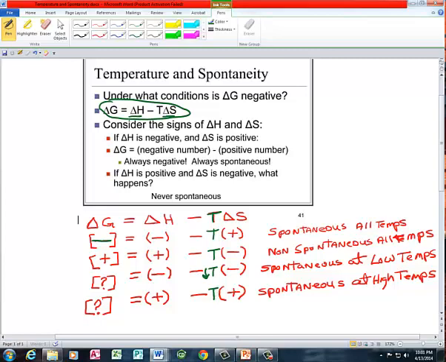We need to magnify that positive delta S by having a really high temperature so that when we subtract the positive delta S term from the positive delta H, the positive delta S value is a larger value. So that reaction will only produce a negative delta G and a spontaneous process at very high temperatures.